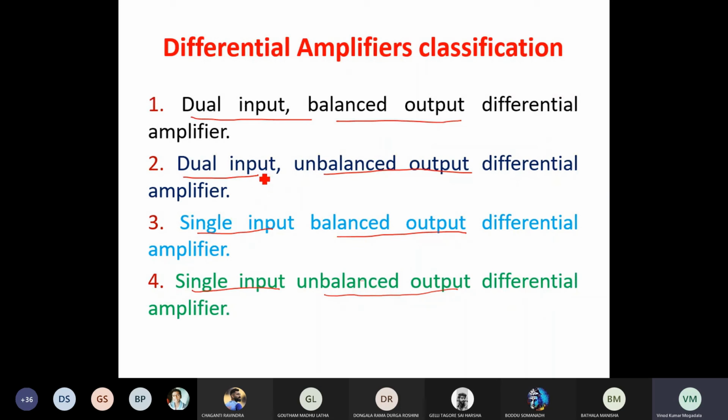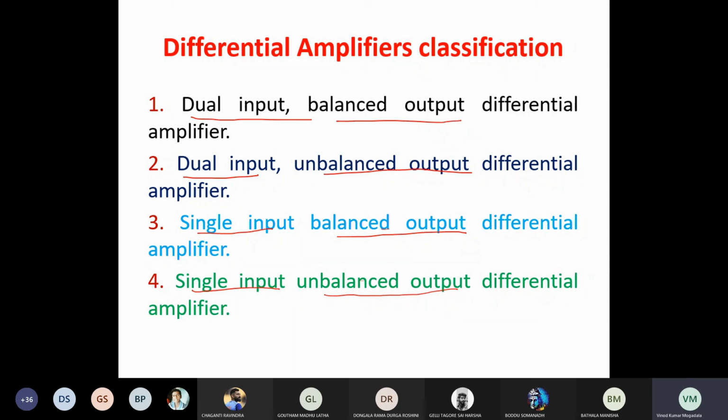Whereas dual input unbalanced output means we are applying input at both the base terminals, but output we are taking only at one collector terminal. Single input balanced output means we are applying input at only one base and taking output with respect to both the collectors. In the last case, we are applying input only at one of the bases and taking output at only one of the collector terminals.